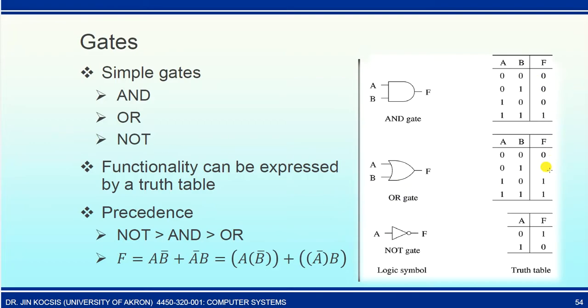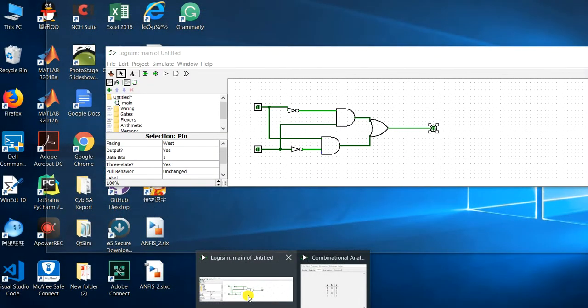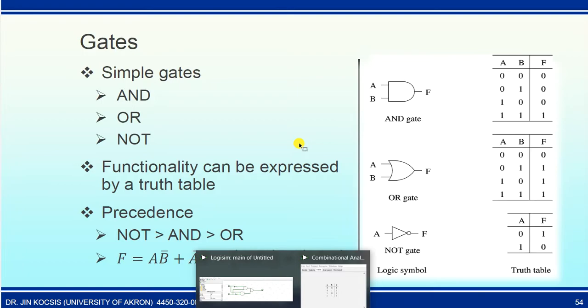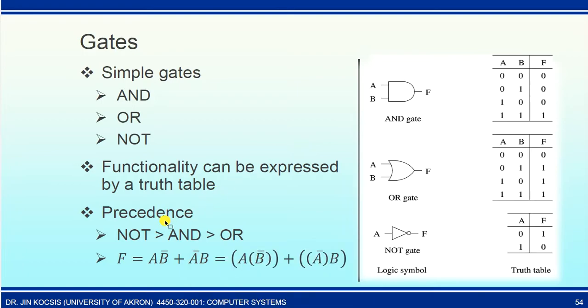and their corresponding truth tables. Those gates you already saw when we implemented the logic sim, right? And here it also mentions the precedence. NOT has a higher priority compared with AND, and AND has a higher priority compared with OR.